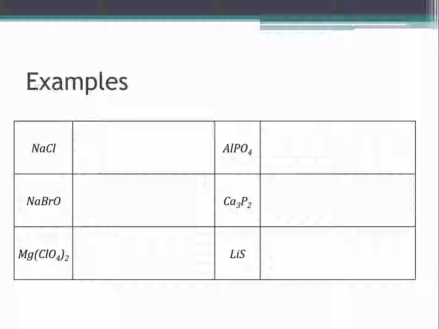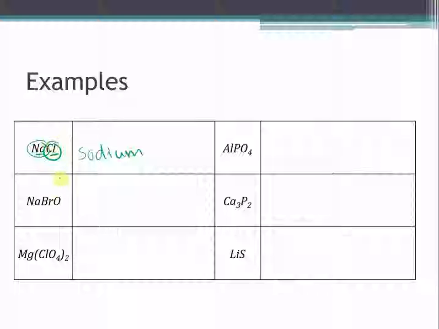All right, our first example is NaCl. We can tell this is ionic because sodium is a metal and chlorine is a nonmetal. So to name this, we will name the first thing. This is monatomic. It's sodium. You can look on your table. Na is sodium. And then we will name the second thing.